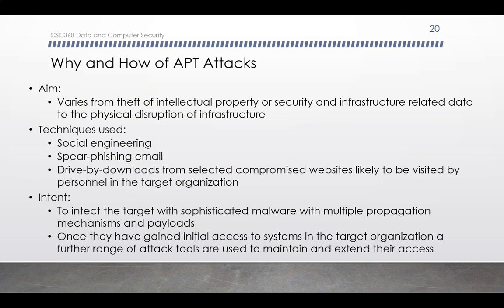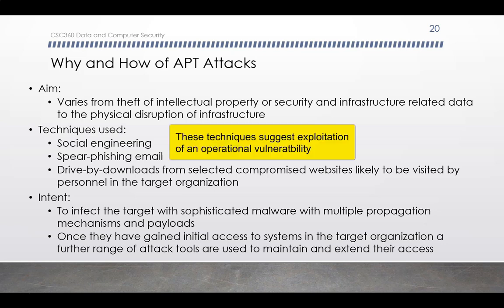Let's consider in a little more detail how these APT attacks originate and what the motivation is. The aim of an APT attack varies from the theft of intellectual property or security and infrastructure-related data to the physical disruption of an infrastructure.